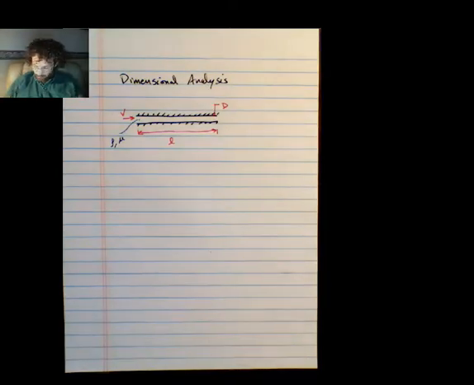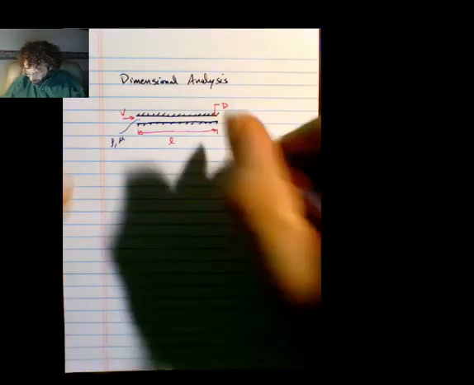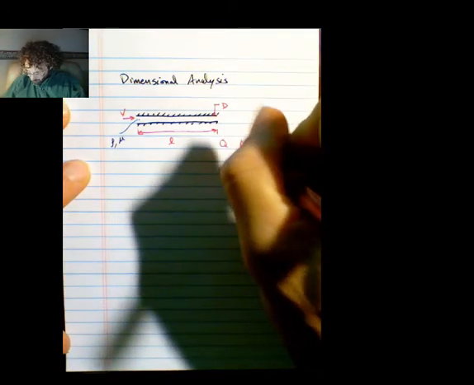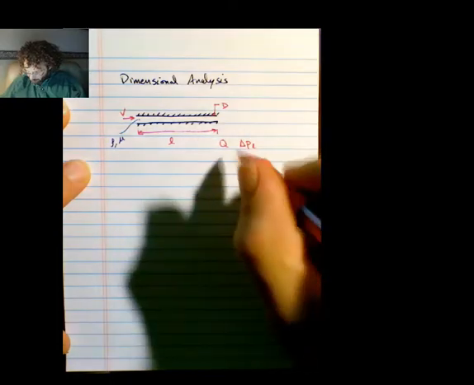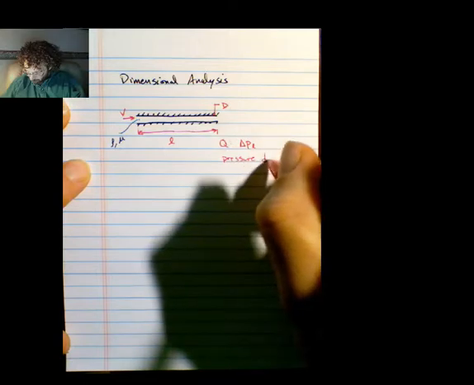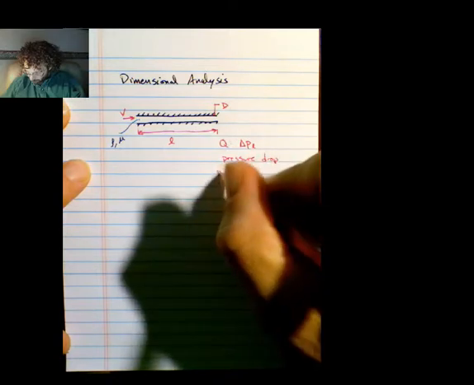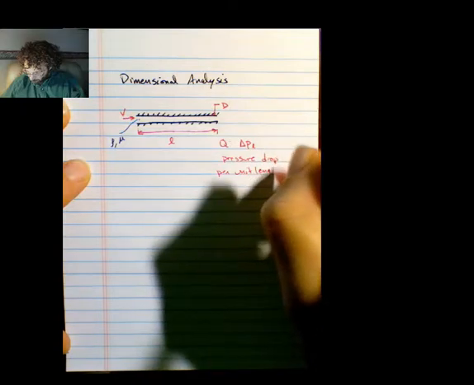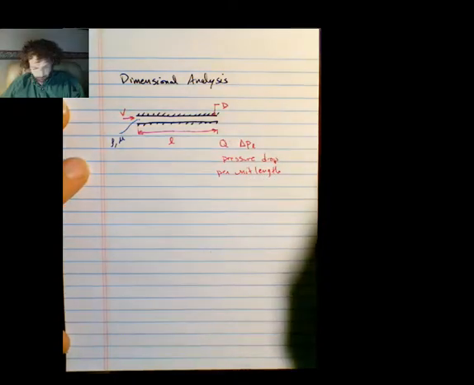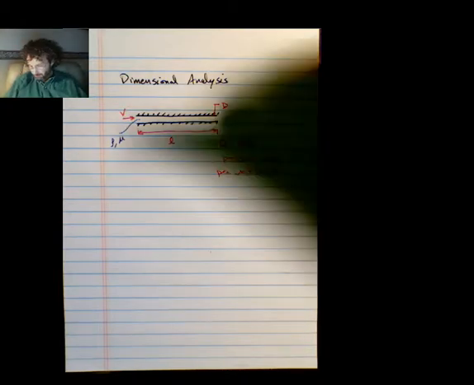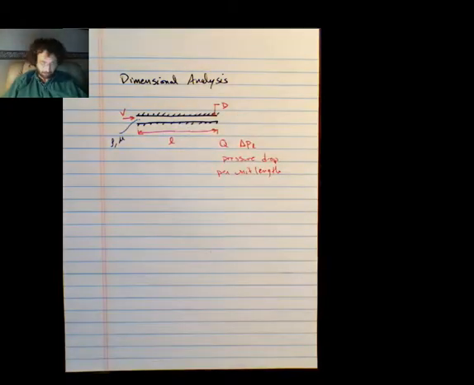And let's say that we're interested in delta P sub L. It's the pressure drop per unit length. And so in this case it would be the pressure drop per length L, perhaps.